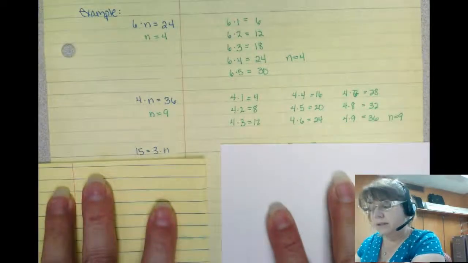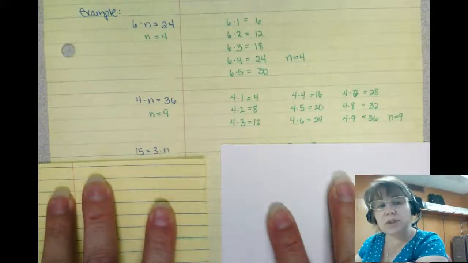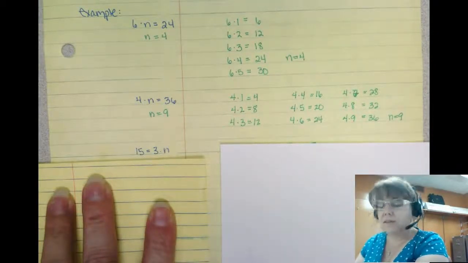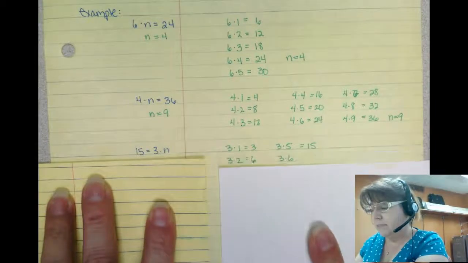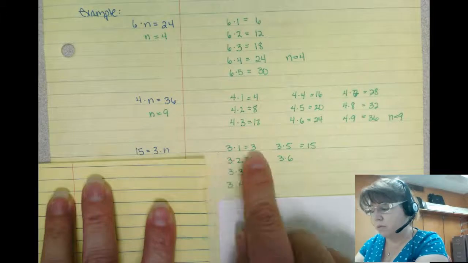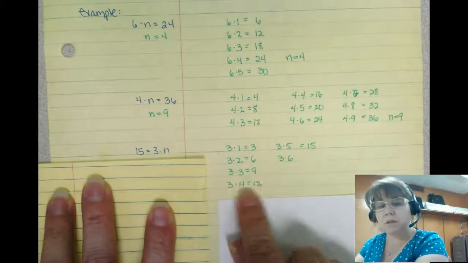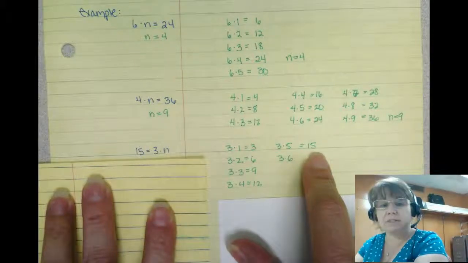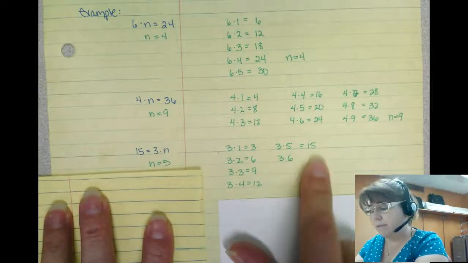Let's try another one. 15 equals 3n. 3 times what will give us 15? Again, if you need to write it off to the side, you can do your times tables. 3 times 1, 3 times 2, 3 times 3, 3 times 4. It looks like 3 times 5 is 15. So n must equal 5.